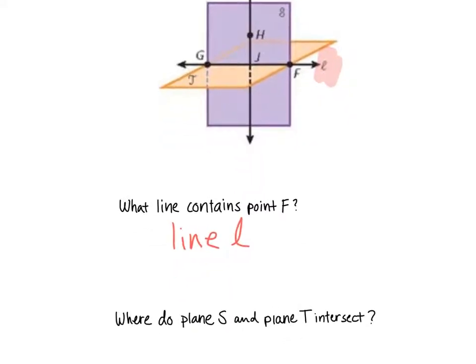Line G. That's 3. No, you name a line with 2 points, right? You name a plane with 3 points on the plane. And you name a line with 2 points. So you would call it GF with a line on top. So we have line L or line GF.